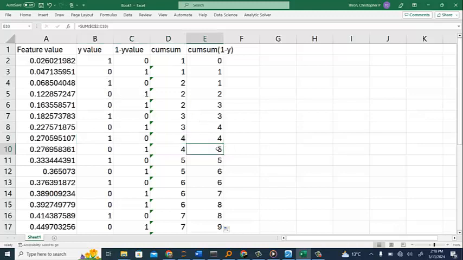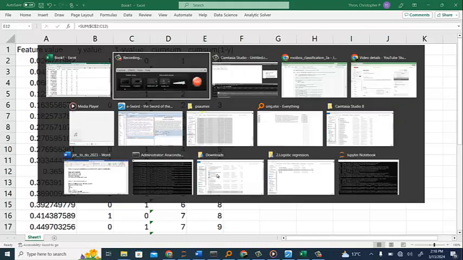Now it switches to a 5 here because a new 0 has been added. 1, 2, 3, 4, 5. And every time there's another 0 in this column, you see that the cube sum increases by 1. Okay? So this is giving me the false negatives and the true negatives below the certain threshold.